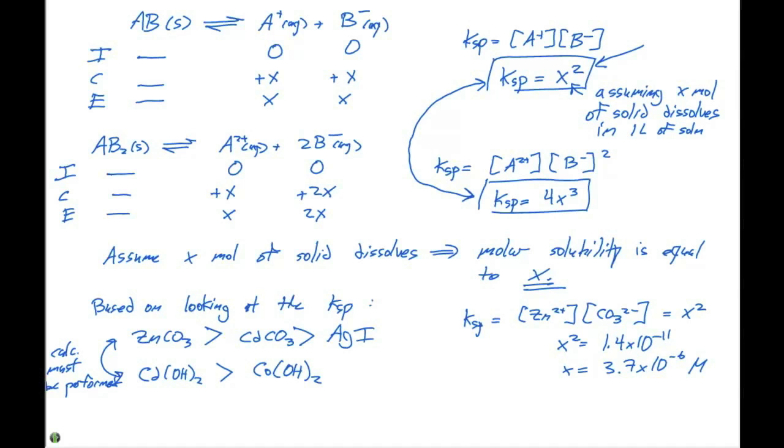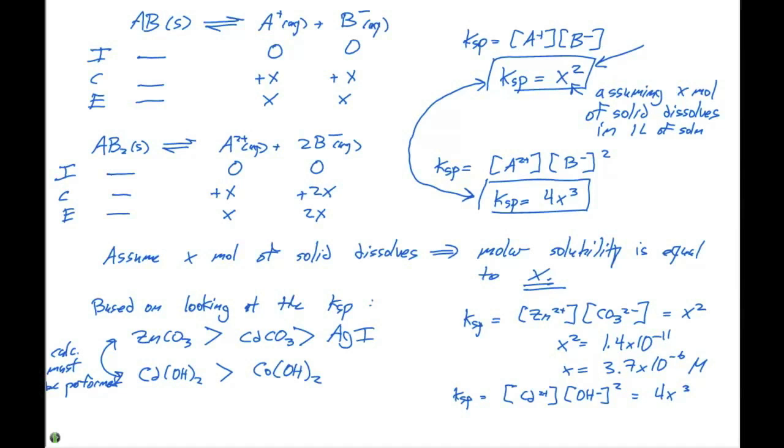So we can also come back here and look at the KSP for cadmium hydroxide. It's going to be the concentration of cadmium 2 plus times the concentration of OH minus, that quantity squared. And from what we showed earlier, that's going to be equal to 4x to the third.